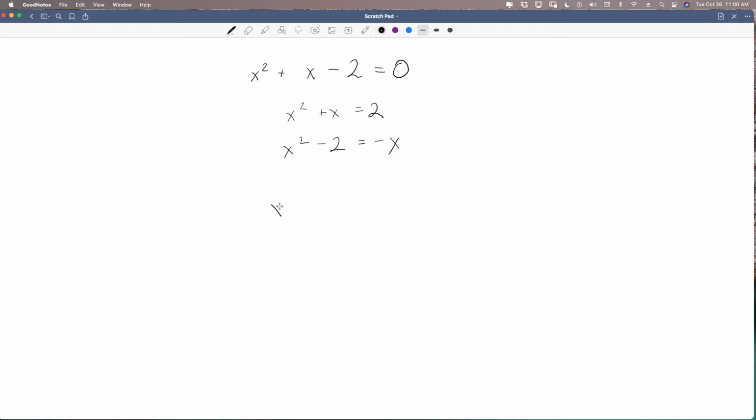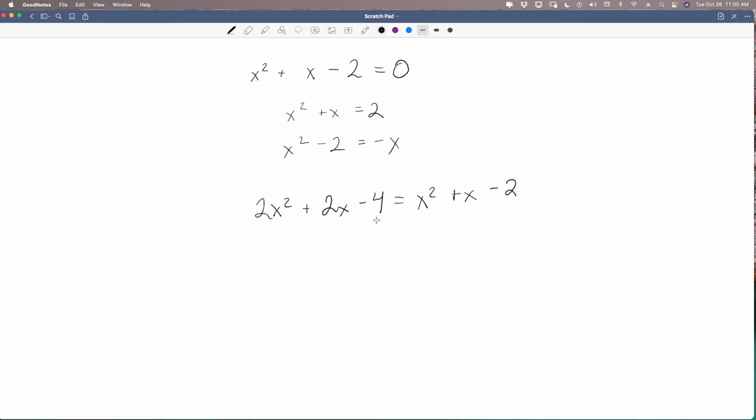You could have 2x squared, and then you have x squared here, and then you have plus 2x minus 4, and you have plus x minus 2.